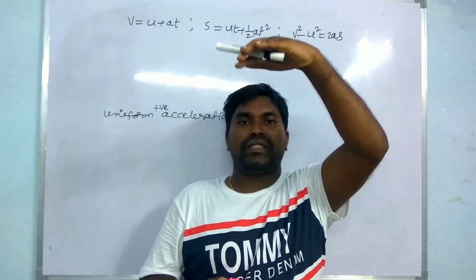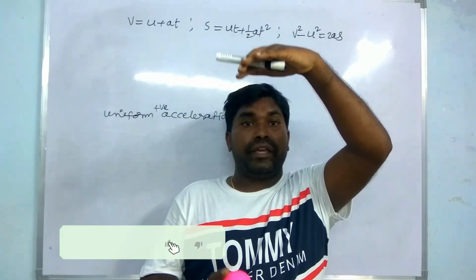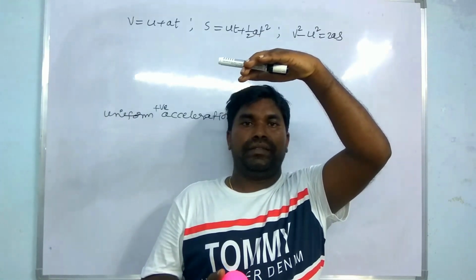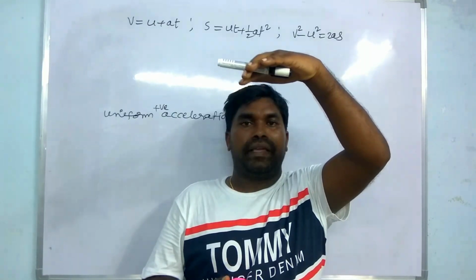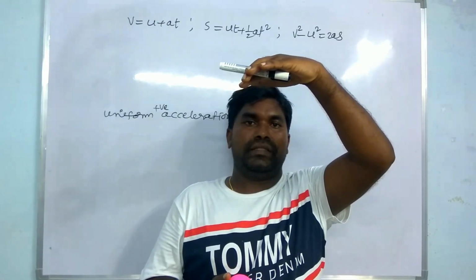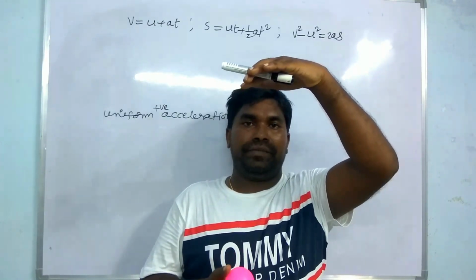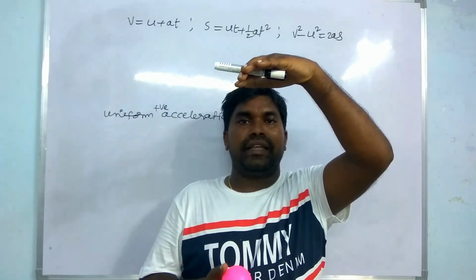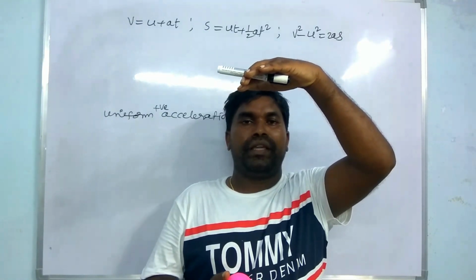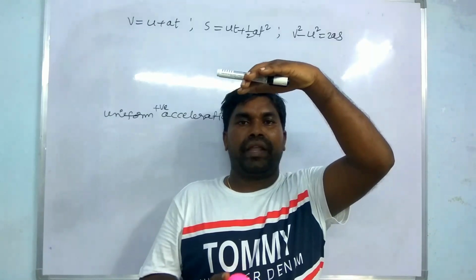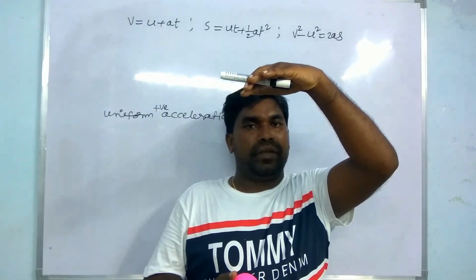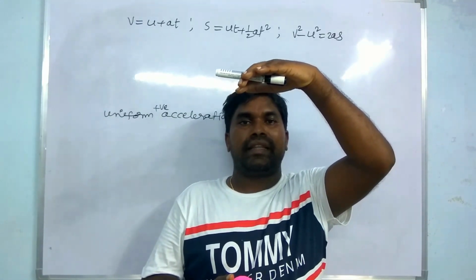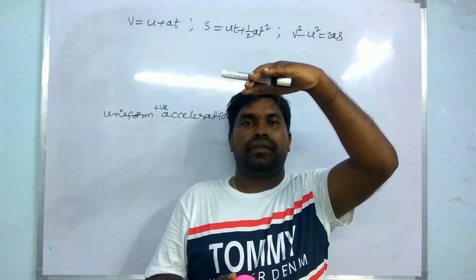This change in velocity gives the acceleration of the body towards the ground point, that is due to gravity. The acceleration given to the body by the gravity of the earth is said to be acceleration due to gravity.